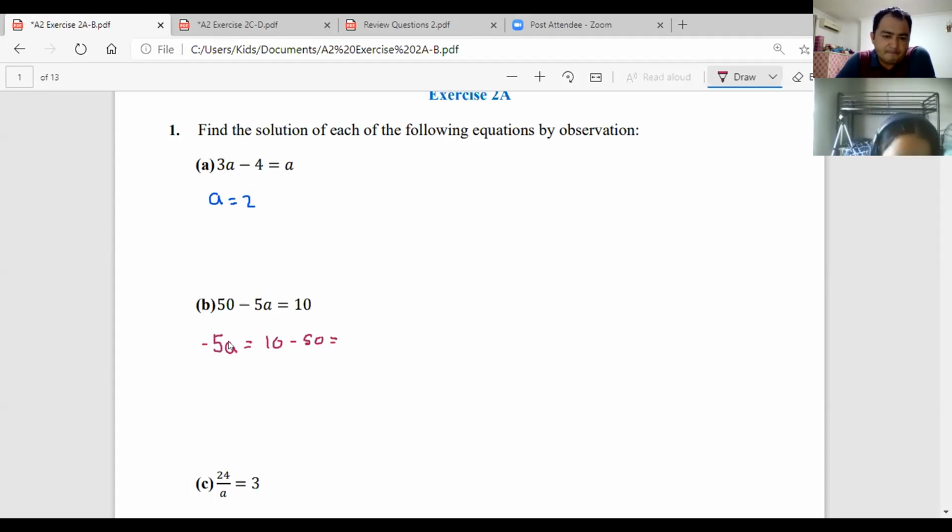Okay. Equals to 5a divided by negative. No, no, no. Wait, dividing? Hold on. Minus 5a equals, simplify the left-hand side, simplify the right-hand side.